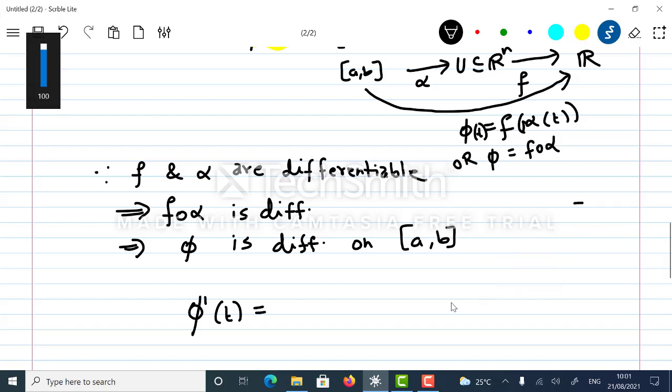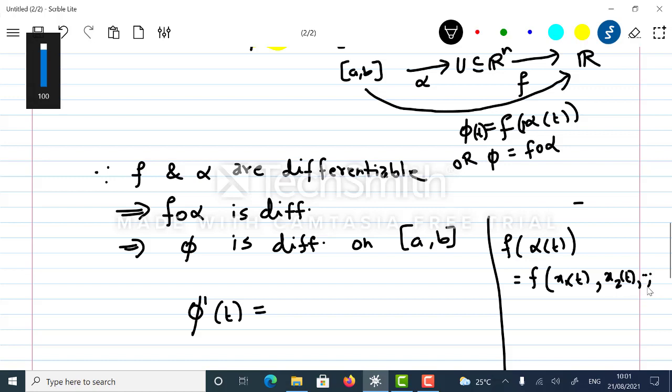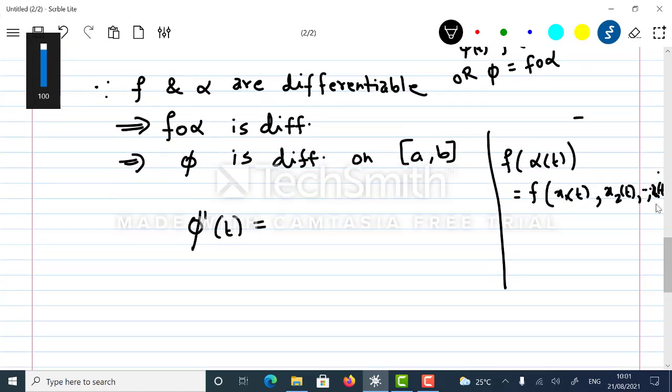Let me write this down on this side. Alpha is a vector. Suppose alpha is x1 t comma x2 t comma dot dot dot xn t. So f looks like this: f of x1 t comma x2 t comma dot dot dot xn t.